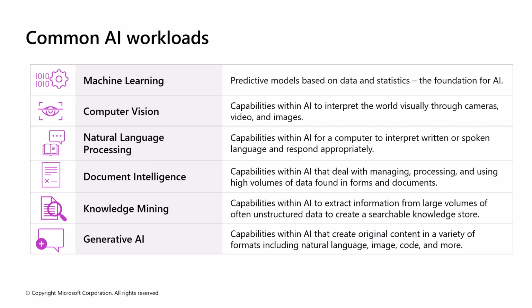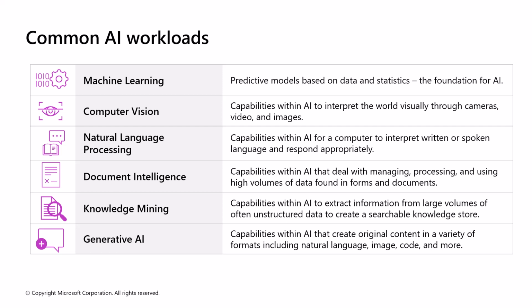Then computer vision, the capability within AI to interpret the world visually through cameras, videos, and images. Natural language processing is a capability within AI for a computer to interpret written or spoken language and respond appropriately.